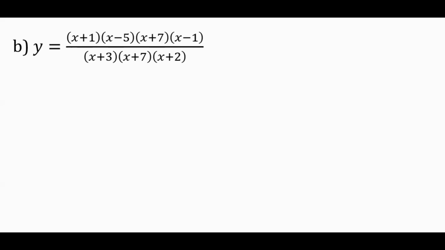What do you notice? What jumps out at this one? Very good. So we've got the same factor on the top and the bottom. That means a hole at x equals negative 7.